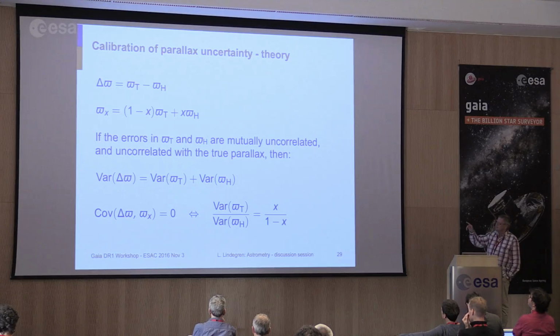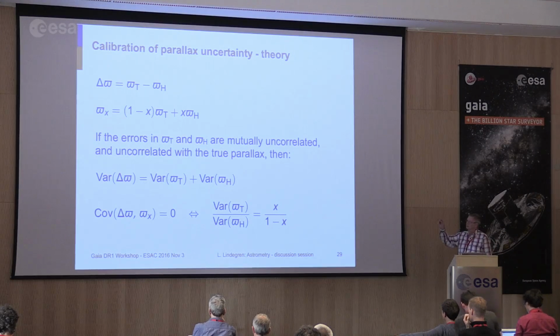Then, obviously, the variance of the difference in parallax between the two is the sum of the two variances.